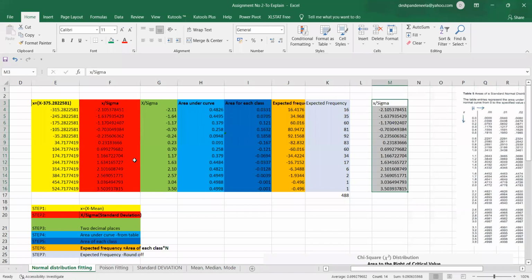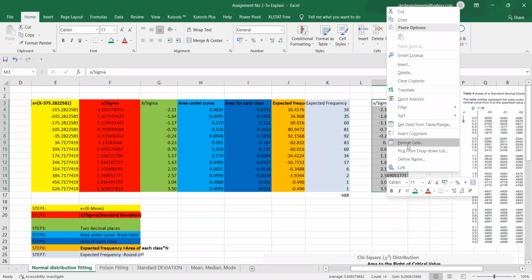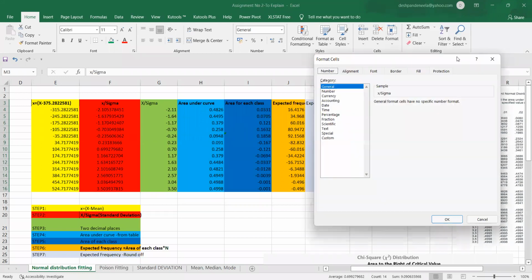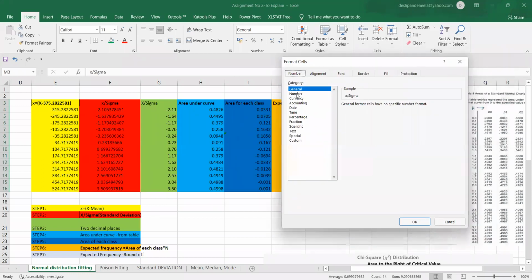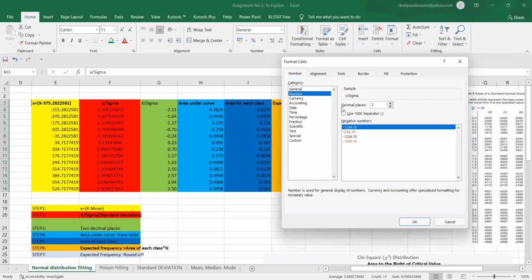Column number F. I'll select this particular column. I want to make it 2 decimal places, so I can select, right click, and go to Format Cells. Once I go here, this block will pop up. Go to Number. Here you can select your number of decimal places, more than 2, 3, 4, whatever you want.